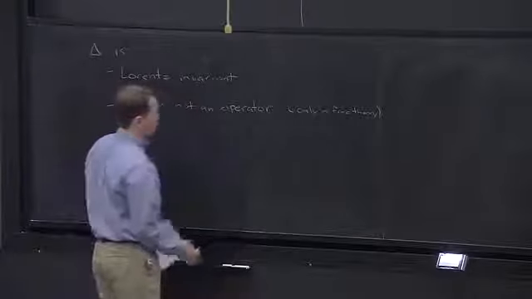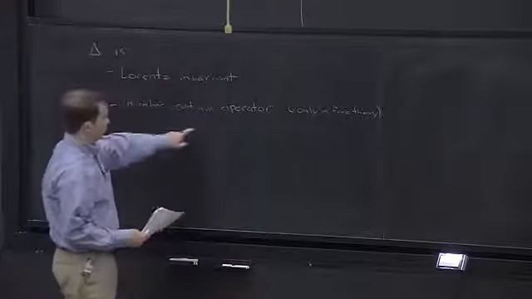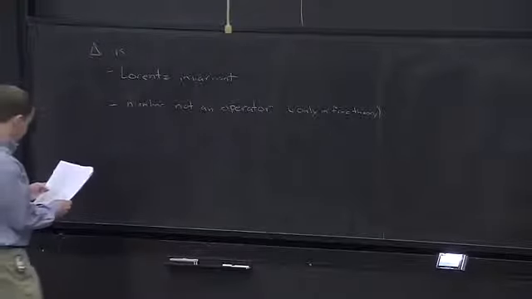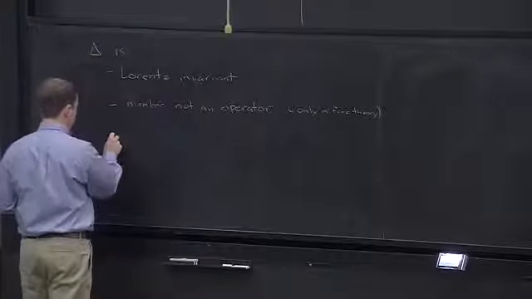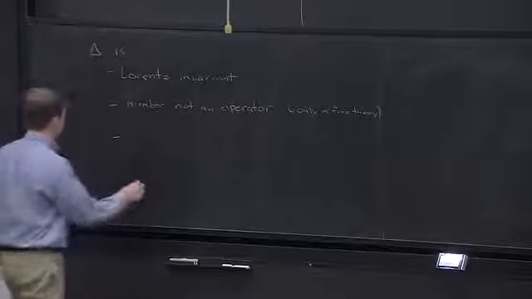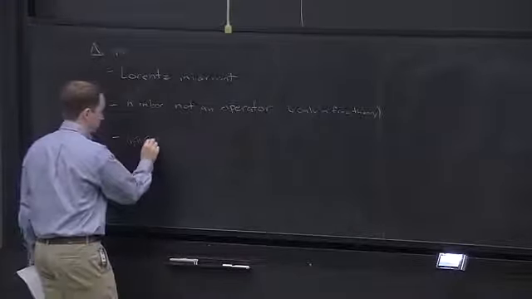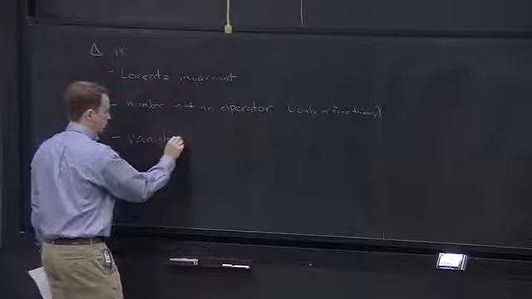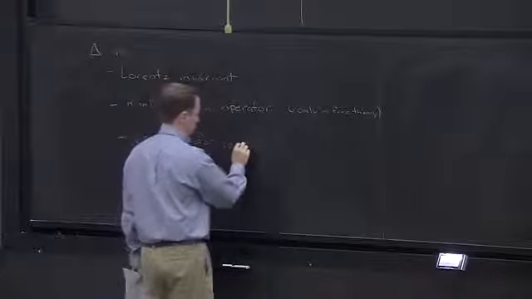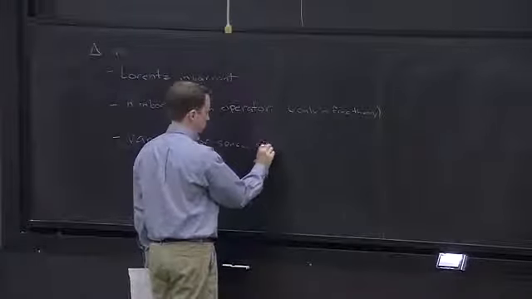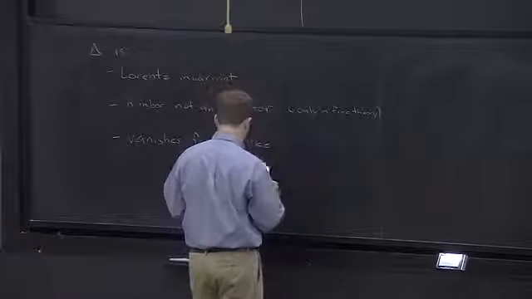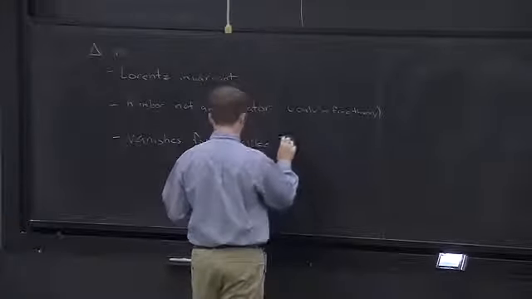And the fact that it's a number, not an operator, will simplify some of our calculations a little bit. Furthermore, it vanishes for space-like separation, which is essential. Otherwise, you have a non-causal theory.